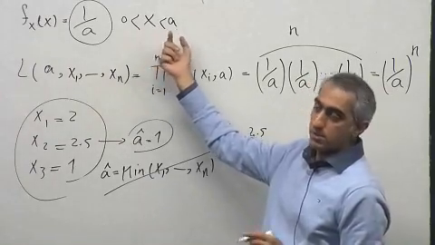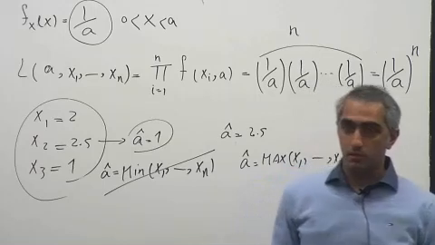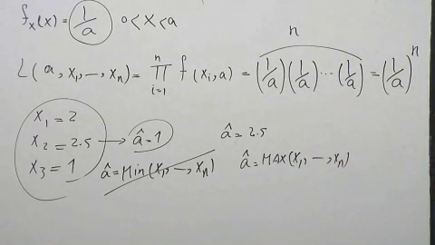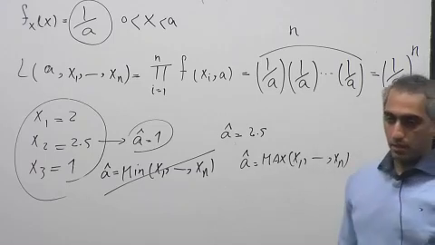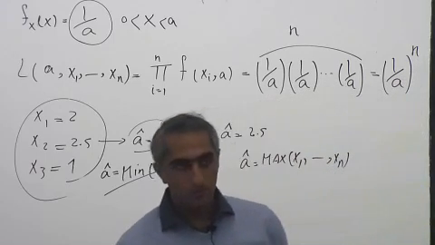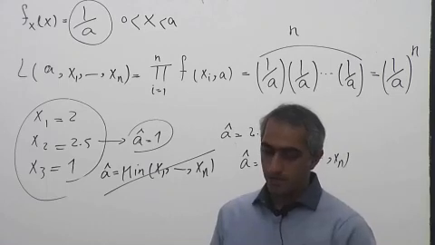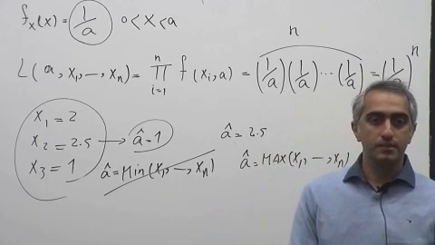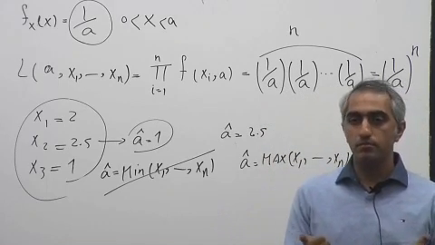And therefore, it's a feasible solution. Okay? Maybe not optimal, but it's feasible. Is it clear? That's why we said this is basically the estimator for your A parameter. Are we good?